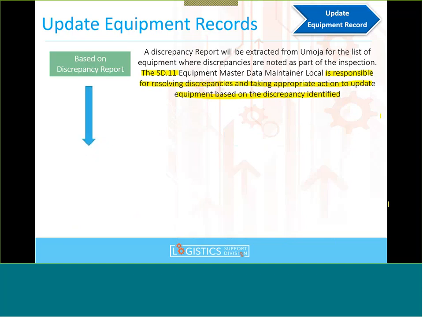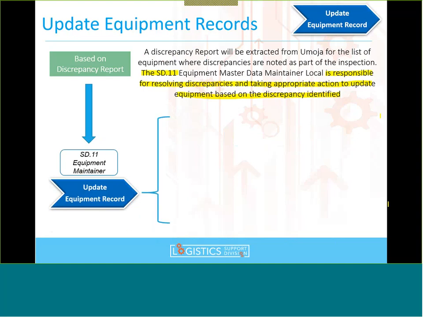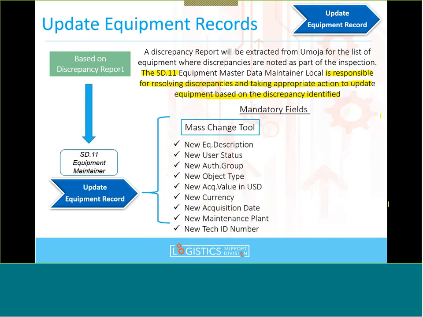Based on the discrepancy, this is what we're going to be performing. And again, the mandatory fields that we're going to be looking at in the mass change tool are the ones that we have to ensure are populated. We'll be looking at the Excel file anyway, so this is just to go over it before we see the actual file itself.